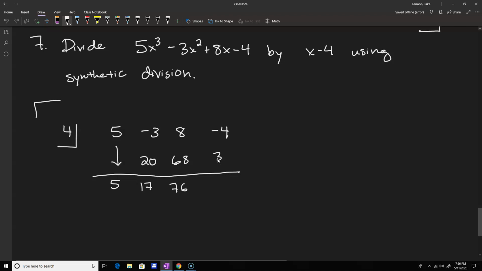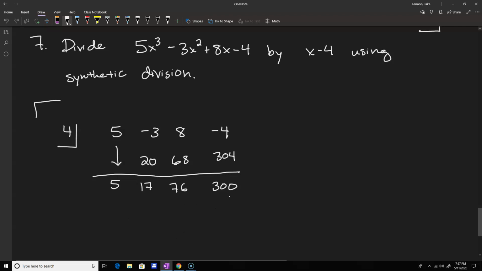So 304. And then we add the last column and we get 300. So let me just check to make sure I didn't botch up any of those. So they look good.